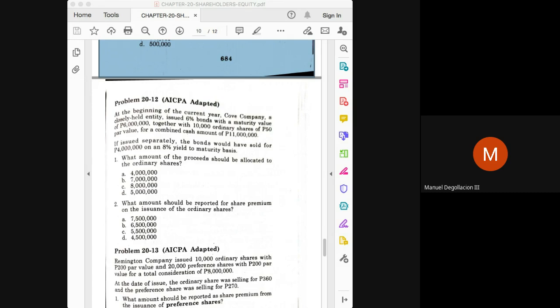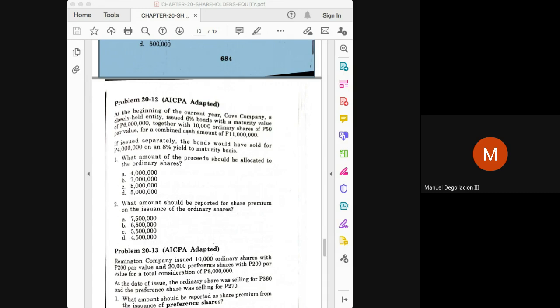Knowing that the value that will be assigned to these shares would be 7 million, we would now be able to know how much will go to the share premium, because we are issuing 10,000 shares, and the 10,000 shares are to be valued at 7 million after splitting the 11 million between the debt instrument and the equity instrument. Since the par value of the shares is 50 per share and we issued 10,000, you will have a share capital in the amount of 500,000.